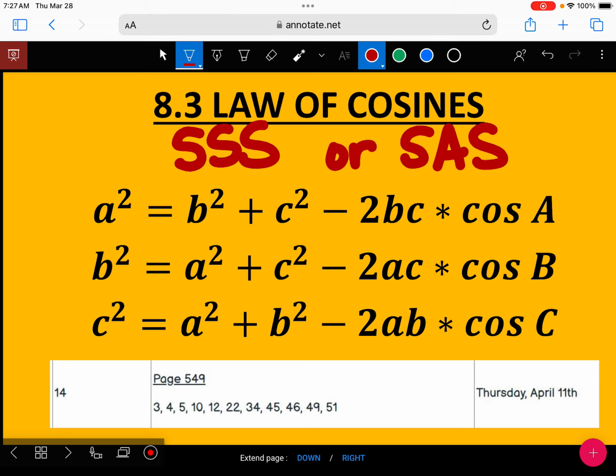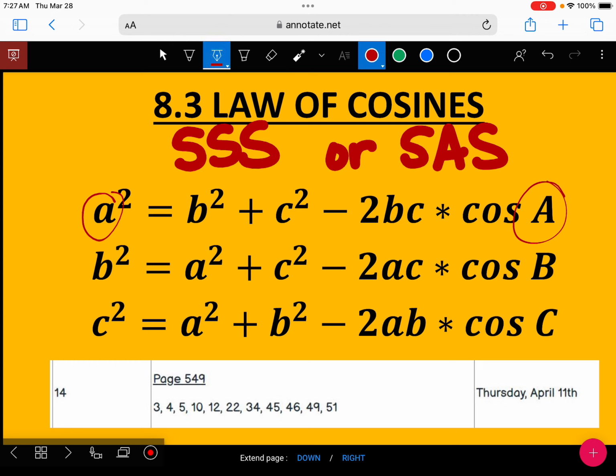So I know this looks confusing, but it's really not, because the way I remember law of cosines is that the formulas, and we just wrote it all 3 different ways. But this is what you need to know. Whatever you start with, you have to end with, right? So do you notice how I started with a little a and I ended with a big A?